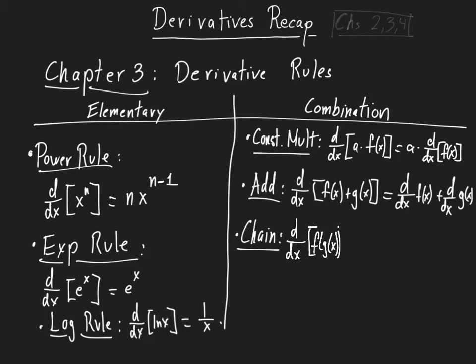The chain rule tells you how to take the derivative of two functions nested one inside of the other. And it tells you that if you're doing this, you're going to get the derivative of the inside function times the derivative of the outside function into which you plug in the original inside function. This is what the chain rule tells you. This is the way that you are going to use it, exactly as written.